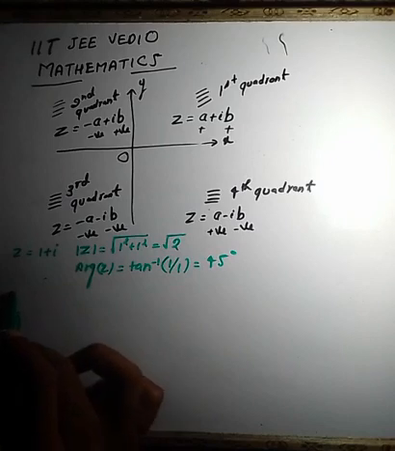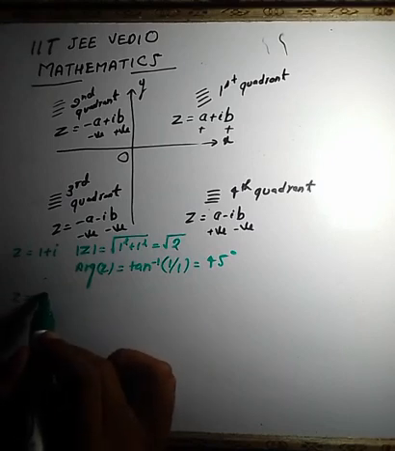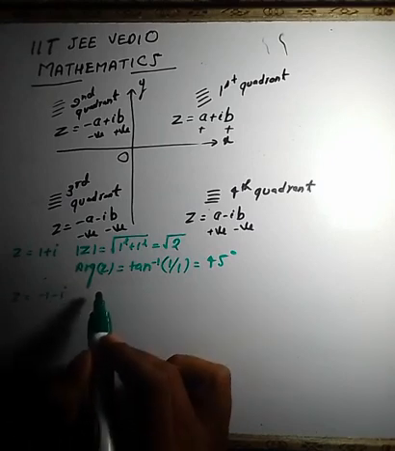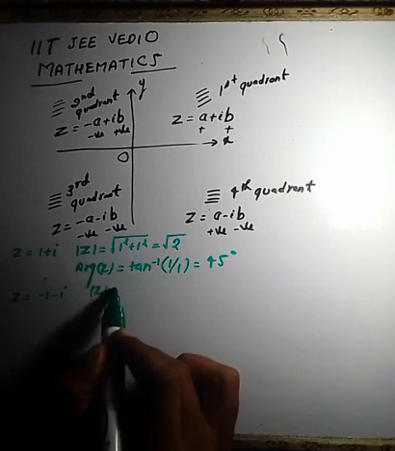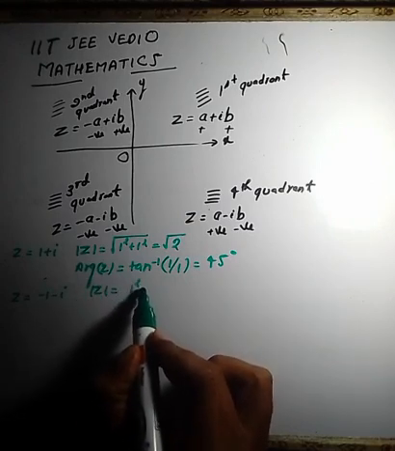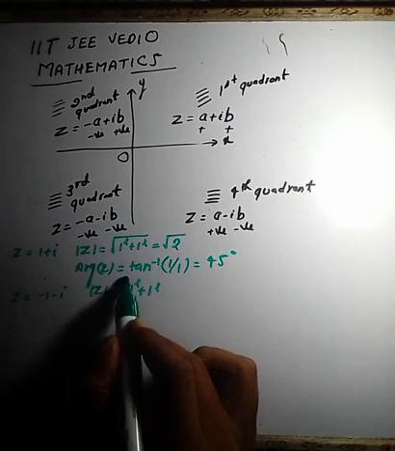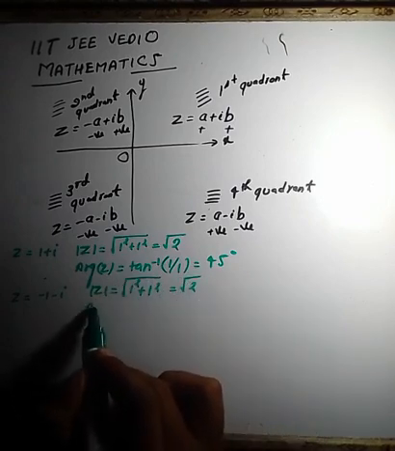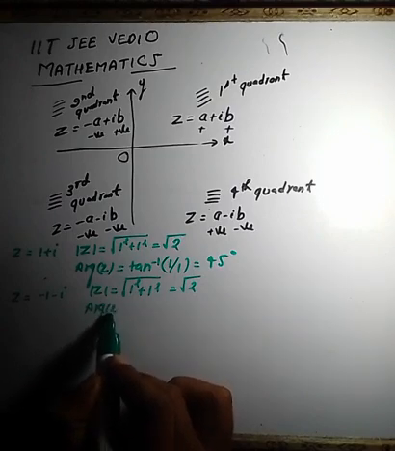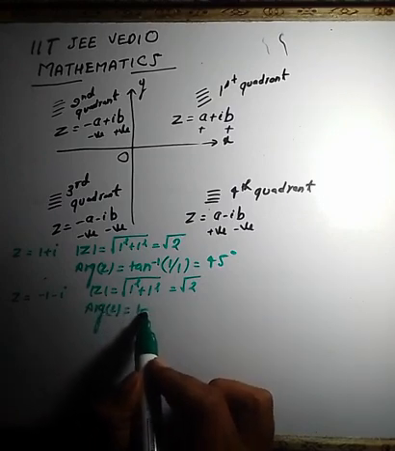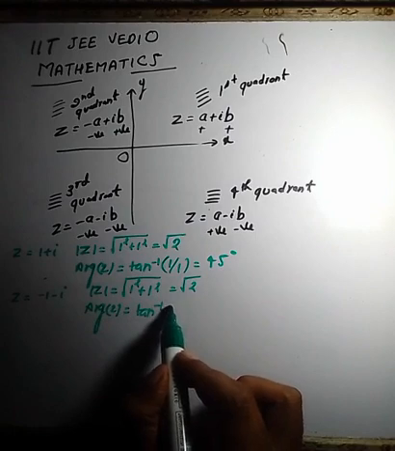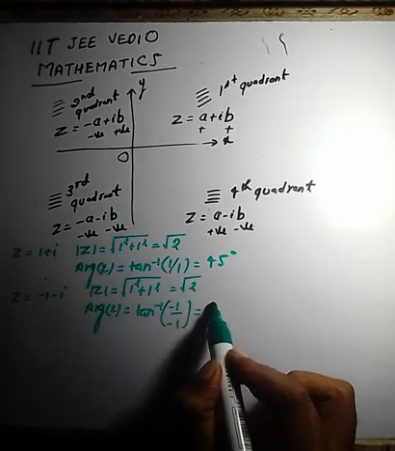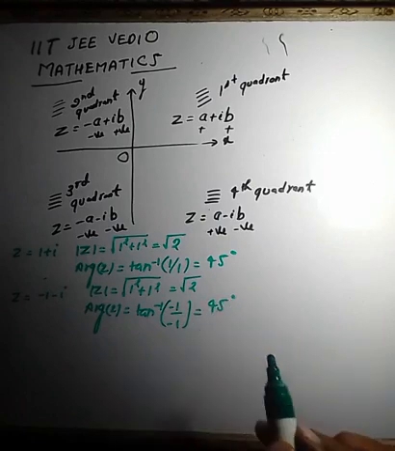So if we have complex number z equals to minus 1 minus i, then mod of z equals to root of 1 square plus 1 square equals to root 2, and argument of z equals to tan inverse minus 1 upon minus 1, so it will be 45 degree.